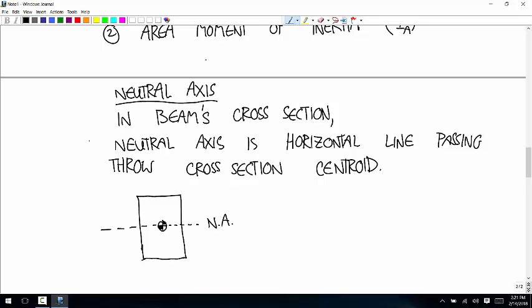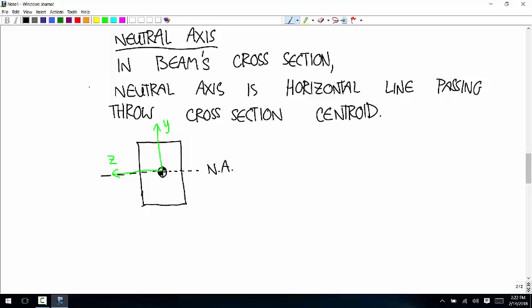And we're always going to position our coordinate system with the origin lying along the neutral axis. So that's always going to be our y. This is always going to be our z. So the origin always lies on the neutral axis.